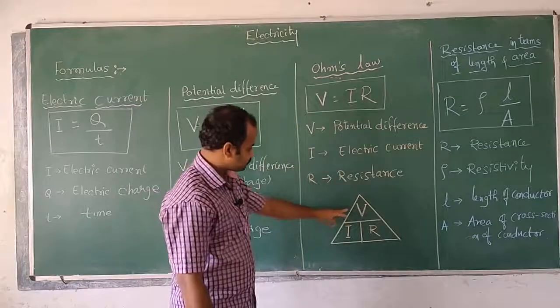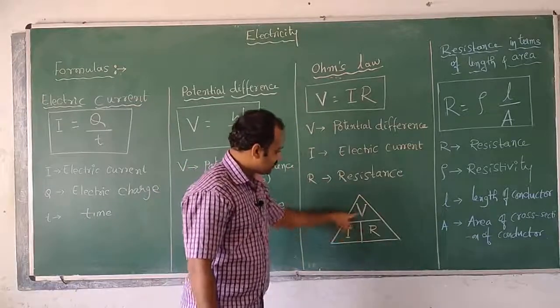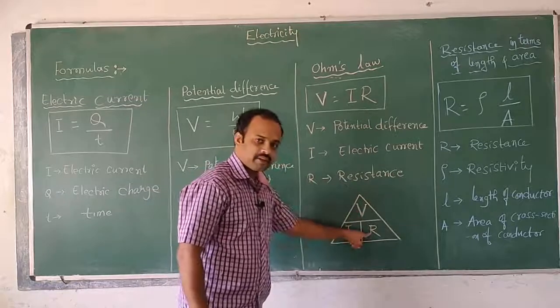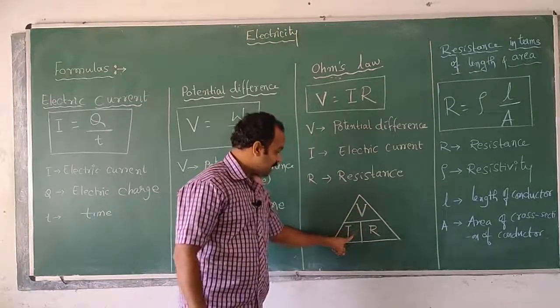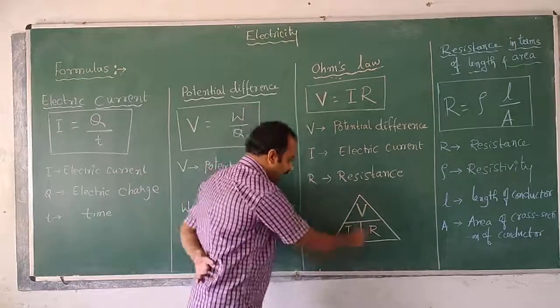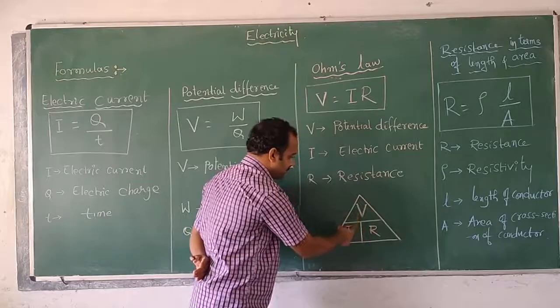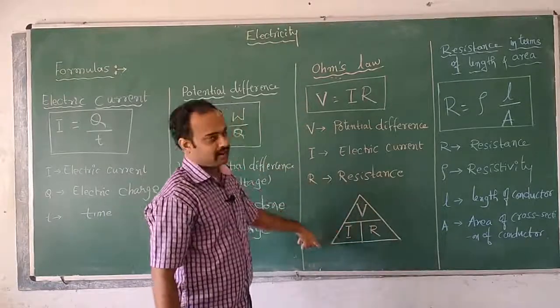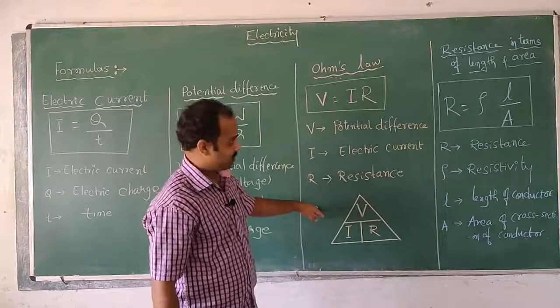If we have to find V, it is IR. If we have to find I, it is V divided by R. If we have to find R, it is V divided by I. This is Ohm's law's equation.